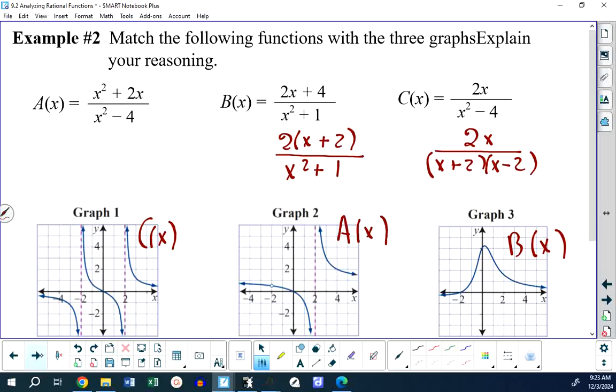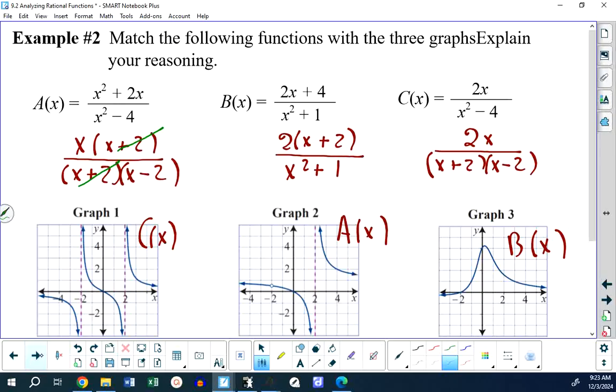But just to confirm it, a of x factors into x plus 2 over x plus 2, x minus 2. The x plus 2's cancel, so the zero of x plus 2, -2, is a non-permissible value that will give us a hole, and when you look at graph 2, there's a hole at -2.